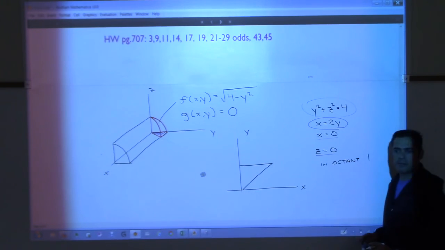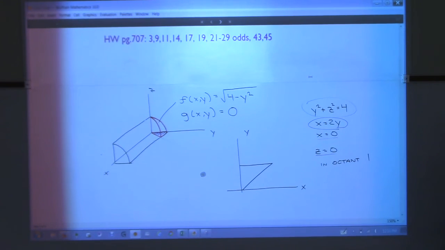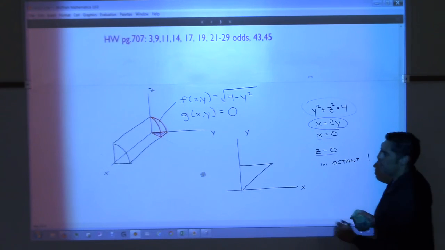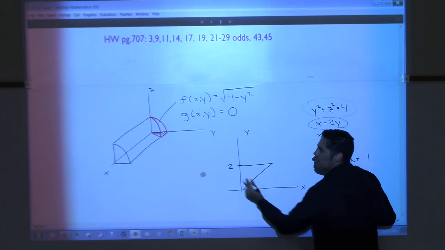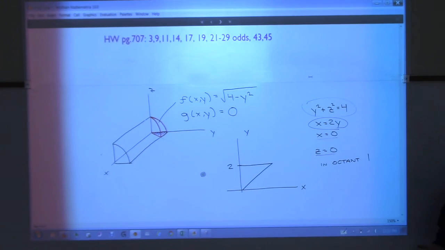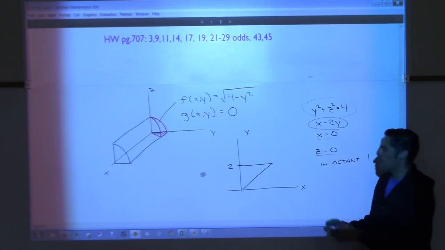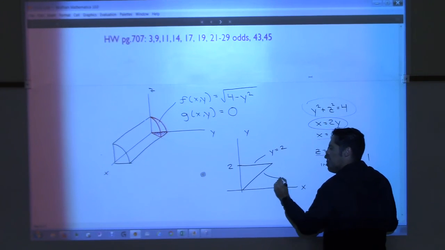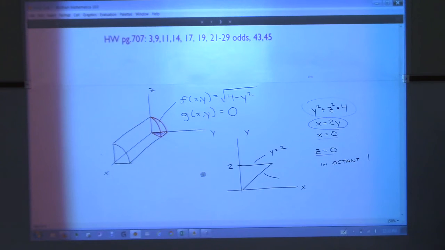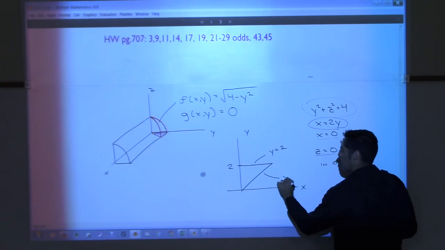Yeah. Do you know how tall this one is? Do you know how high that is? 2, because it comes from the radius of the cylinder. So I could look at this as y is 2. What about this? That's y is 1/2 x.